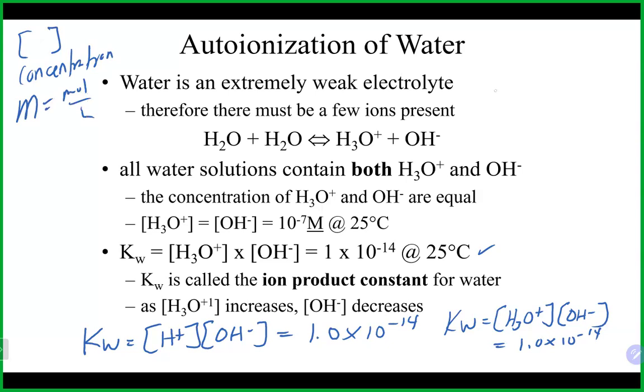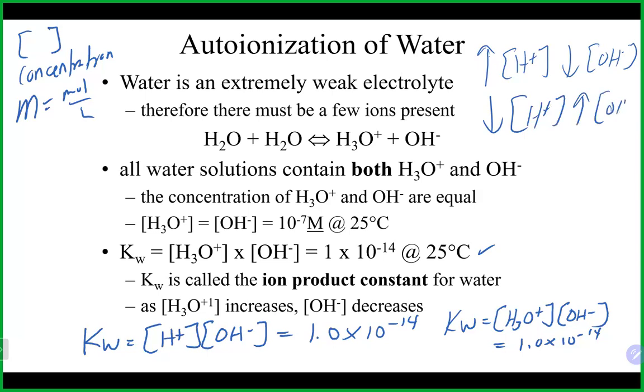The relationship is, as the concentration of H+ increases, the concentration of OH- decreases. So one goes up, one goes down. They work opposite of each other. So if H+ goes down, OH- increases.